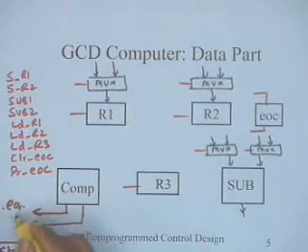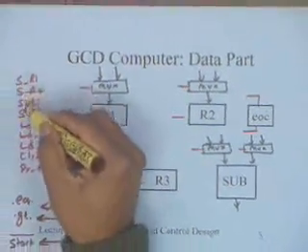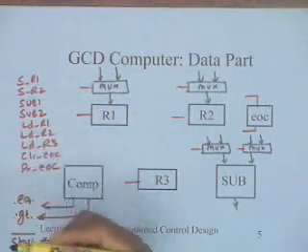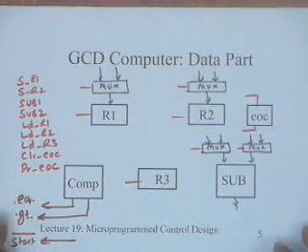Another is equal, another is greater. I have 3 status signals and 1, 2, 3, 4, 5, 6, 7, 8, 9 control signals set. So this is the first part of it, and I have very clearly identified my data path. I have identified the control as well as the status signals.